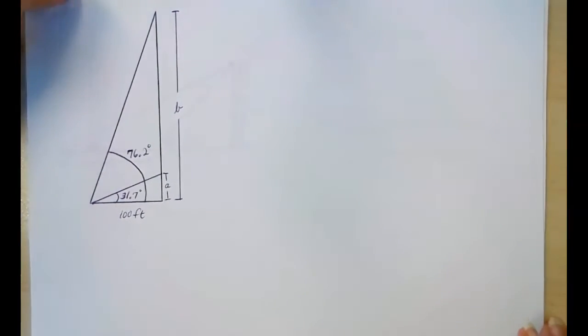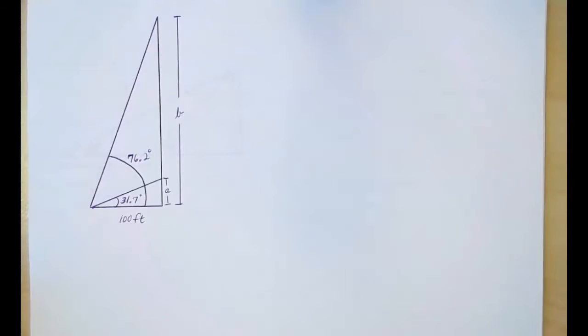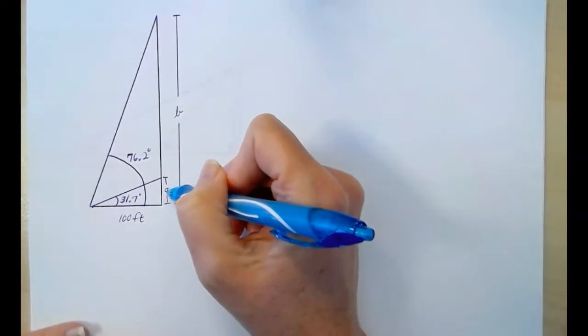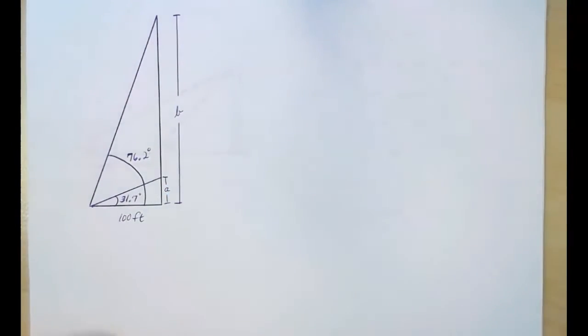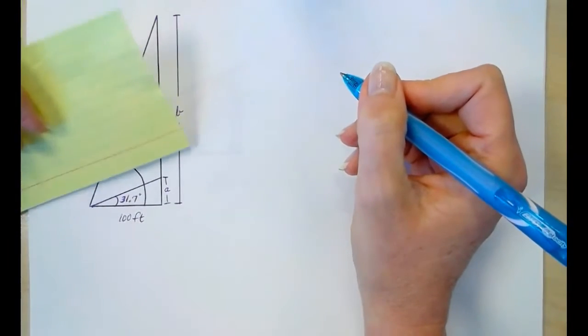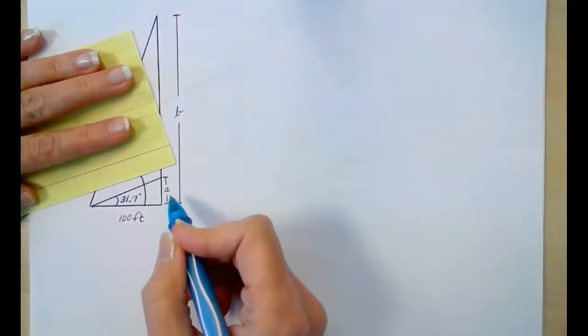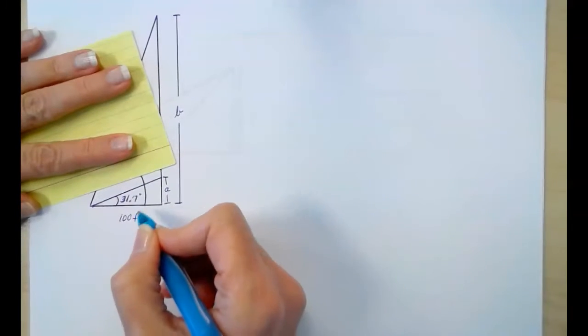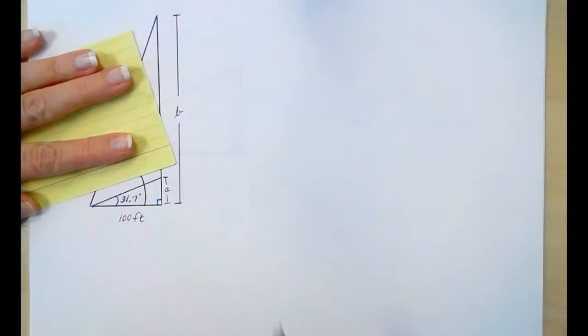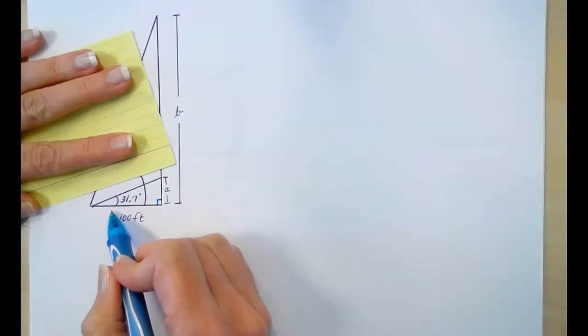Next, continuing to use trigonometry to solve for unknowns. We are going to solve for A and then we'll solve for B. Two different triangles here. Let's focus just on the small triangle down at the bottom and we'll find A. We're given a right angle, and we're given this particular angle.